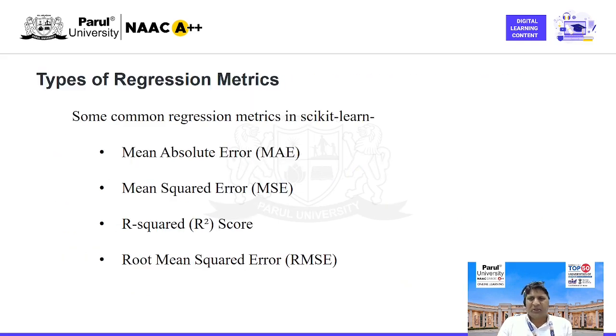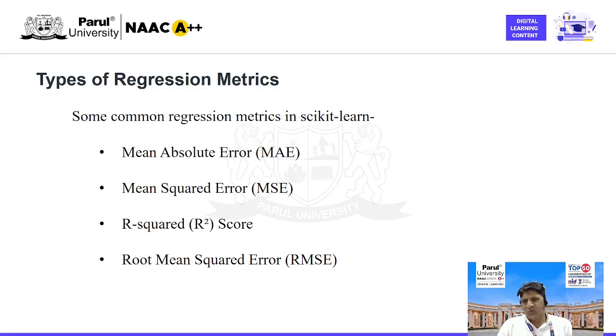The next one is types of regression metrics. It means how many regression metrics are provided by the scikit-learn library. Some common regression metrics in the scikit-learn library: number one, mean absolute error, also abbreviated as MAE.